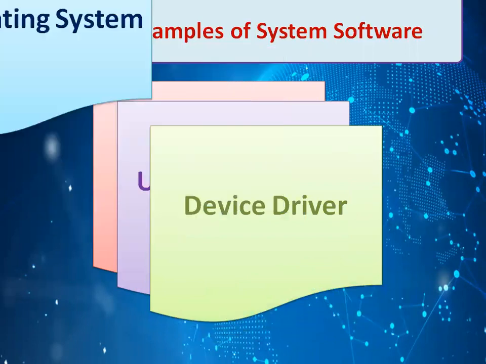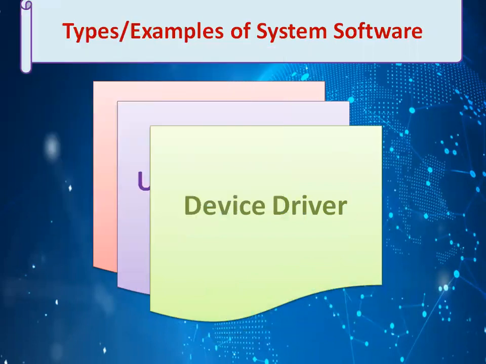Device drivers. Device drivers are another type of system software. They are used to provide support to your devices. If you want to attach a new device to your computer, you have to install the driver of this device in your computer. These drivers are available on the internet, and you can also get them on CDs and USB.